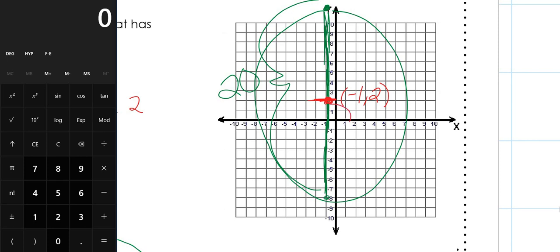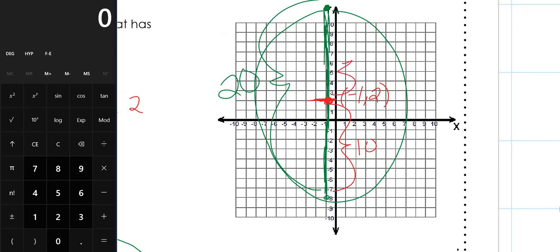Now my radius would be the length from the center to a point on my circle. Since it's really easy to count the boxes vertically, I don't have to do much work. If it was a slanted or diagonal line segment, I'd have to use the Pythagorean theorem or the distance formula to figure out that length. But luckily, up and down, super simple. So the halfway point is 10 boxes, so my radius is 10.